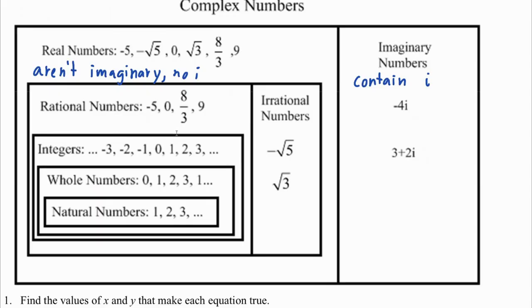Rational numbers either can be written as a fraction or have decimals that repeat or terminate. So we can say can be written as a fraction. So -5, 0, 8/3, 9, 1/2, etc. Whereas irrational numbers cannot be written as a fraction.